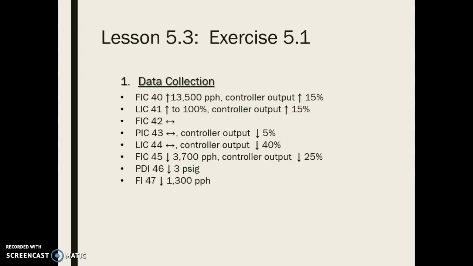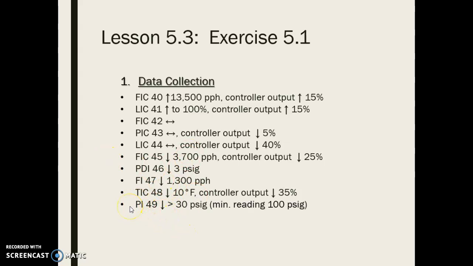The differential pressure across the whole column, PDI 46, is down 3 pounds from the normal 8. And then FI 47, the overhead products to storage condensate liquid flow, is down 1,300 pounds per hour. TIC 48 is down 10 degrees and the controller output is 35. Remember, that is cascaded to our bottoms flow, FIC 45, so those two are linked together.